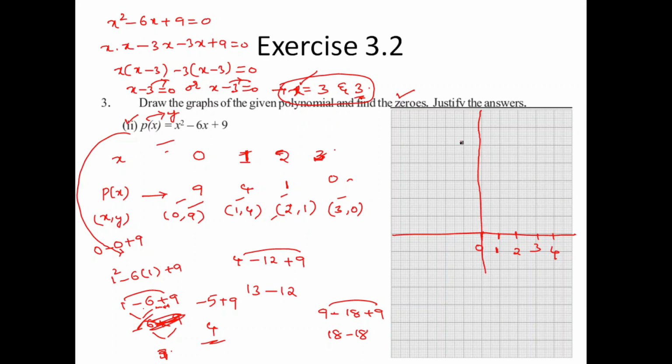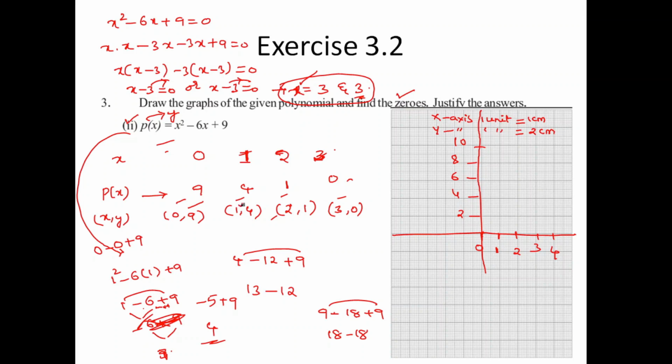Here I'm taking the distances as 2, 4, 6, 8, and here is 10, right? So on the x-axis, what have we taken 1 unit as? 1 centimeter. On the y-axis, 1 unit is equal to 2 centimeters.